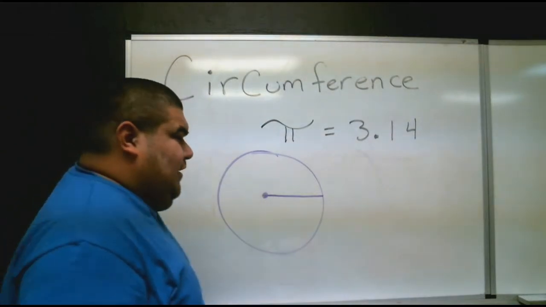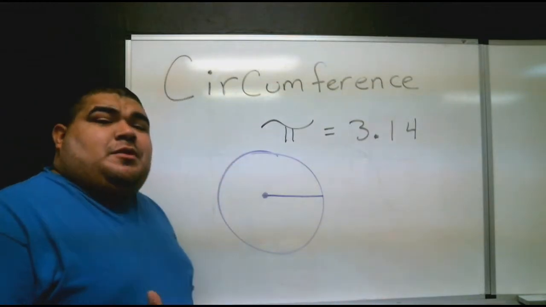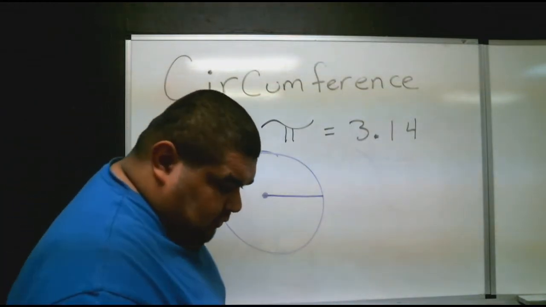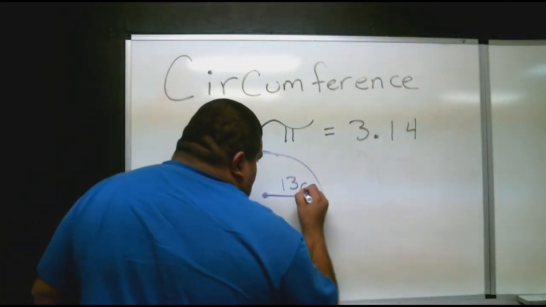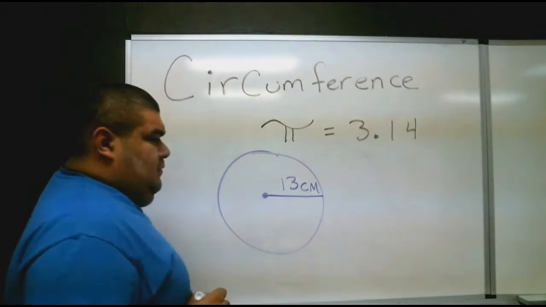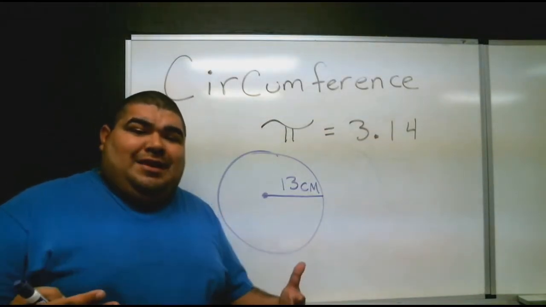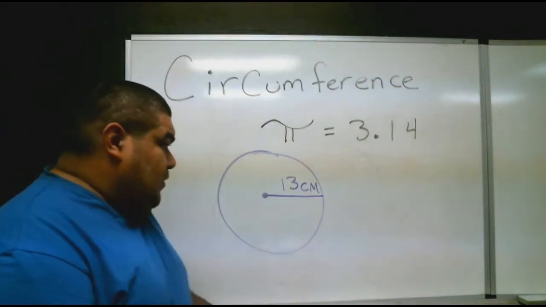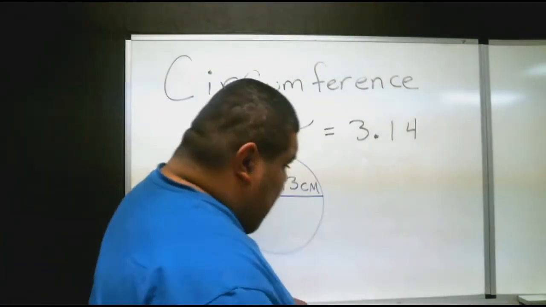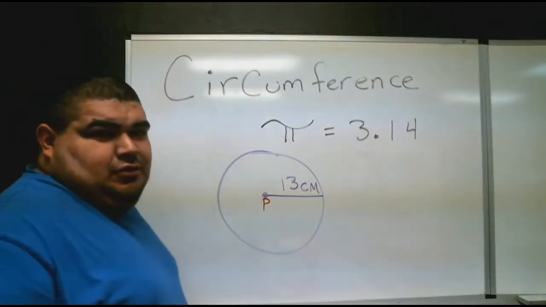The radius, right? Now that we have this radius, we're going to put a measurement on it. The measurement for this radius is 13 centimeters, okay? We want to find the circumference of this circle. We're going to call it circle P.